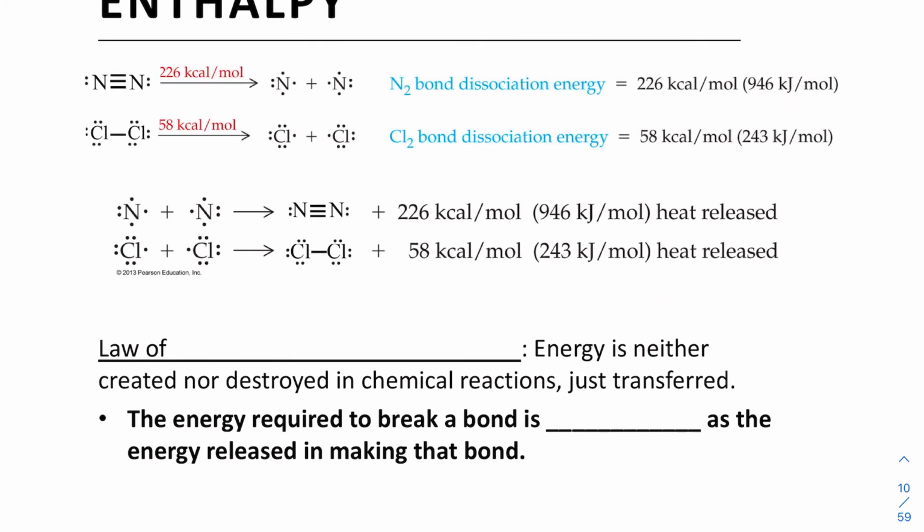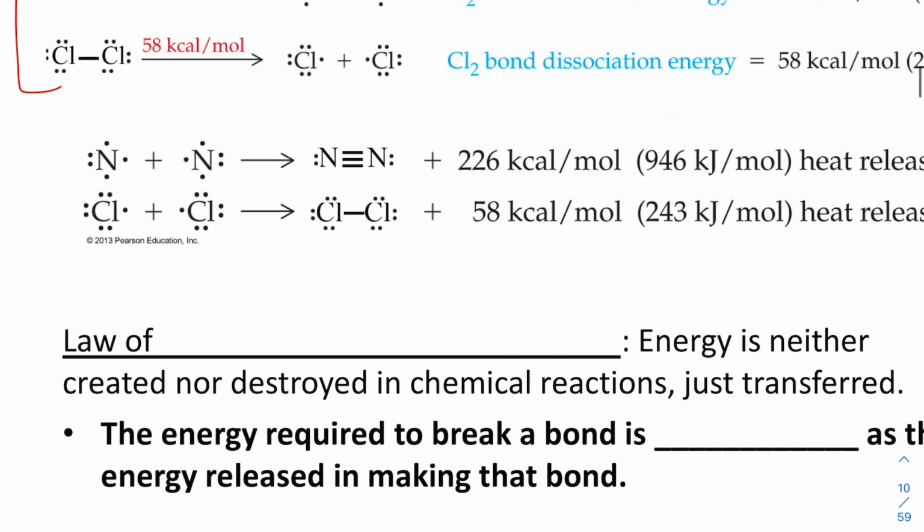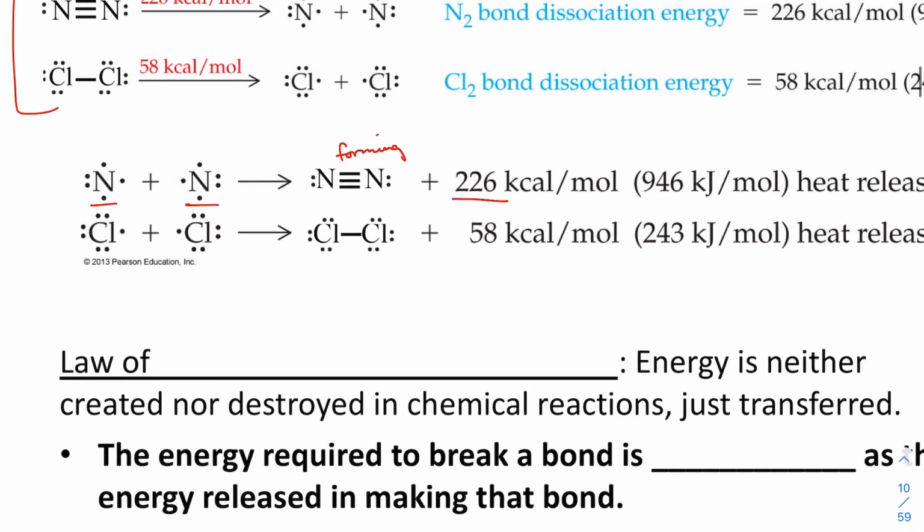All right, now I want to make a point really quick. We just talked through this figure right up here, but I want to actually look at the reverse process on each of these. If we took 2 nitrogen atoms and bonded them together, forming a triple bond, it would release the same amount of energy that's required to break the bonds, because we're doing the opposite process.